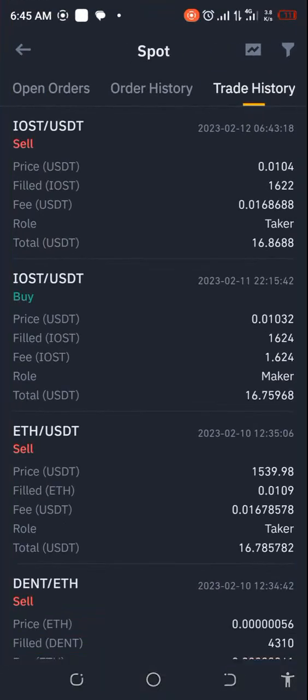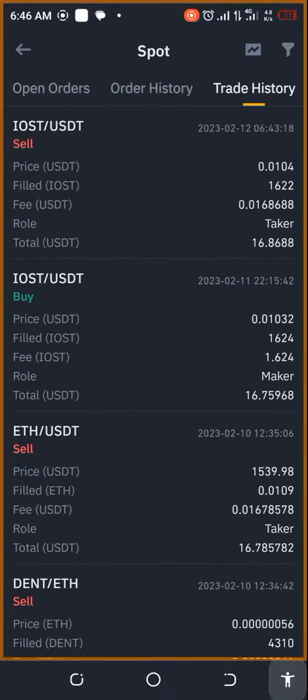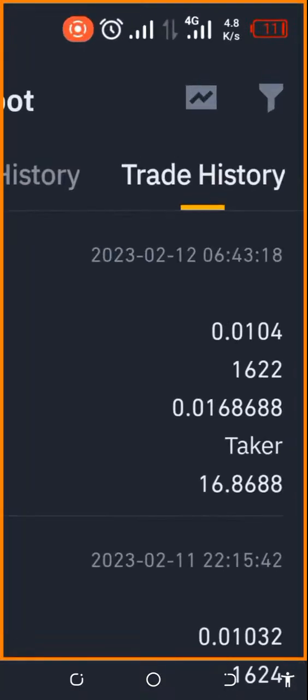We could have decided to wait for BTC to get back to 0.0104, but that would take a longer time. So how long ago was this? Let's just check the difference in time. This was 22:15, which is 10:15 p.m., and this is 6:43.